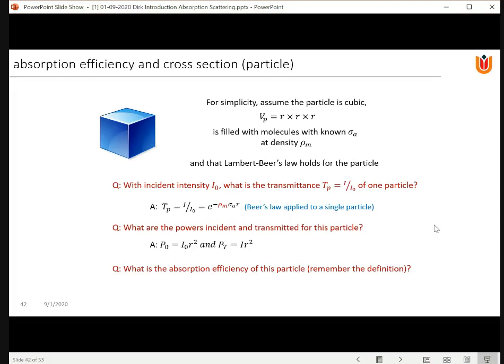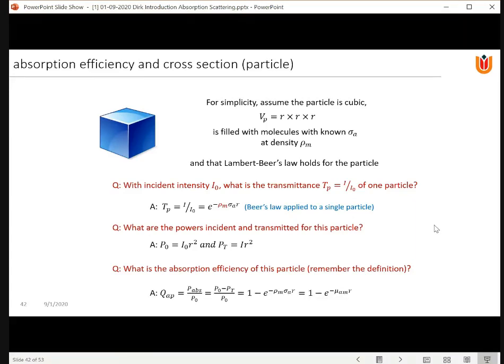So I have one that says I over I0. That is not quite the expression I was looking for. And I have PT over P0, which I interpret as transmitted power over incident power. But the definition of the absorption efficiency was the ratio of absorbed power over incident power. So we're almost there.